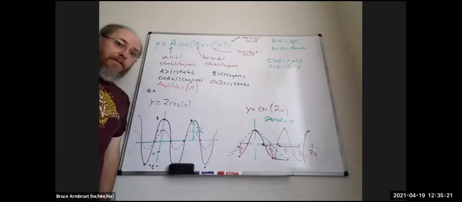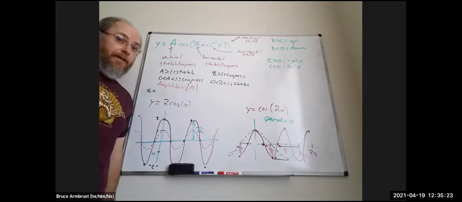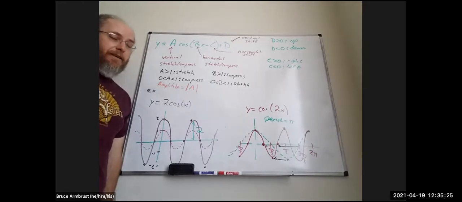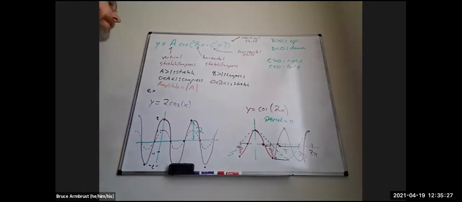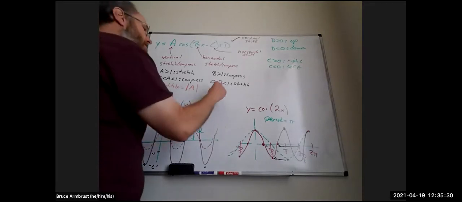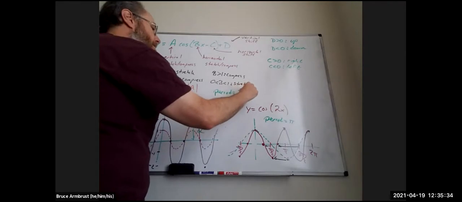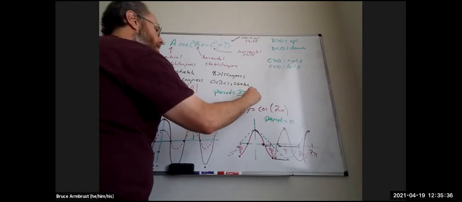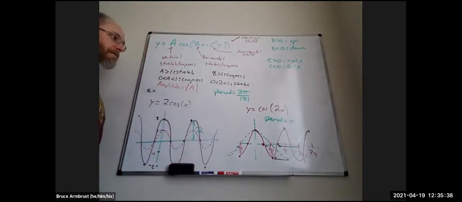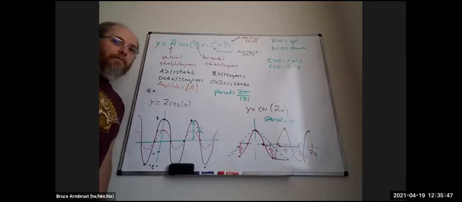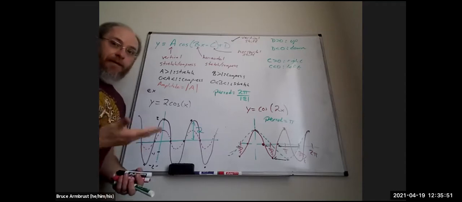So that's what B is going to do. B is going to change your period. It's going to change how quickly it repeats. And in terms of a formula, there's a nice little formula for it. The period is going to be 2 pi divided by the absolute value of B. So the 2 pi should be kind of clear.